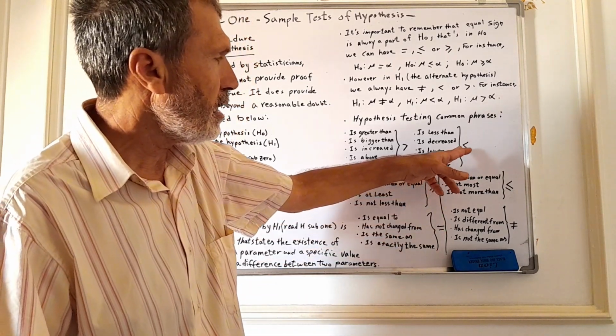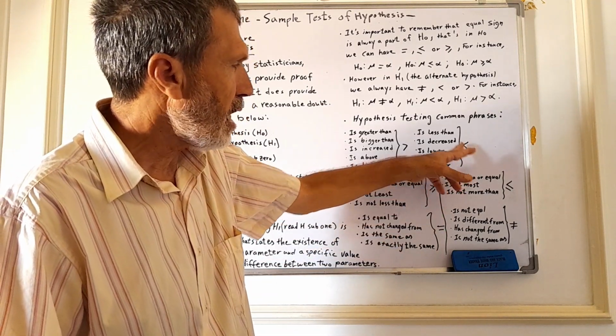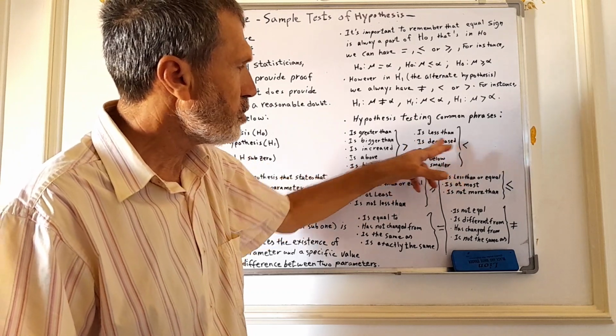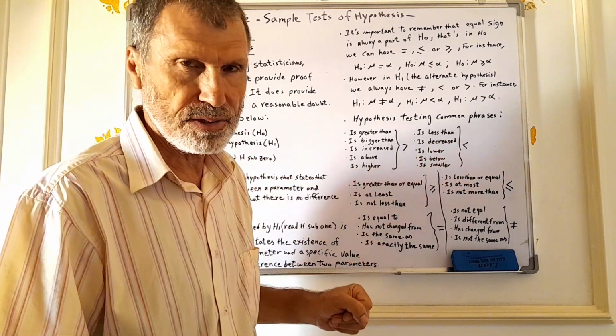So usually less than or greater than are used with the alternate hypothesis.